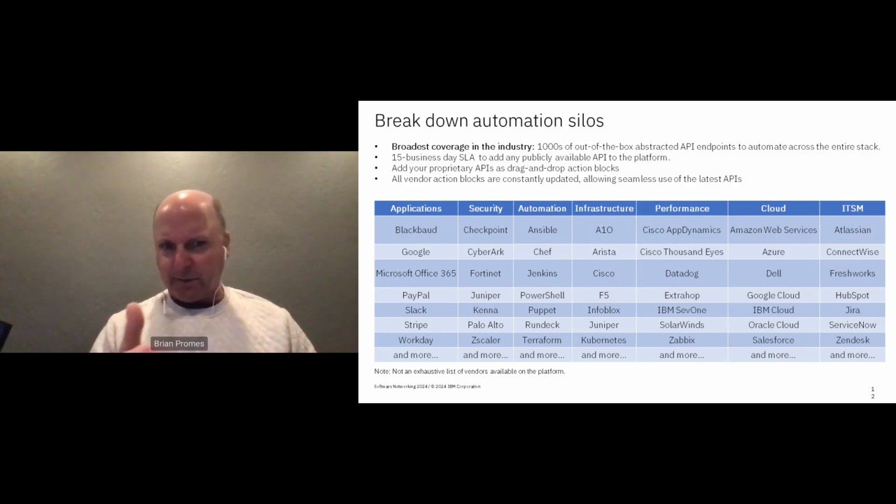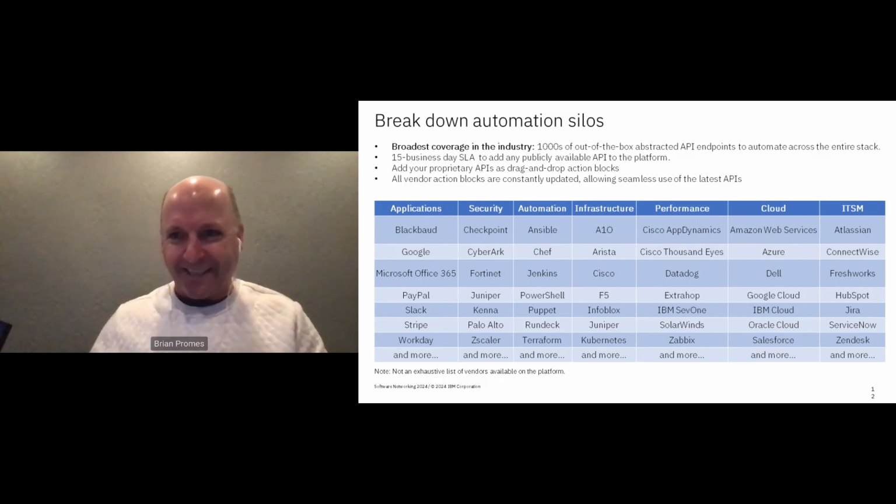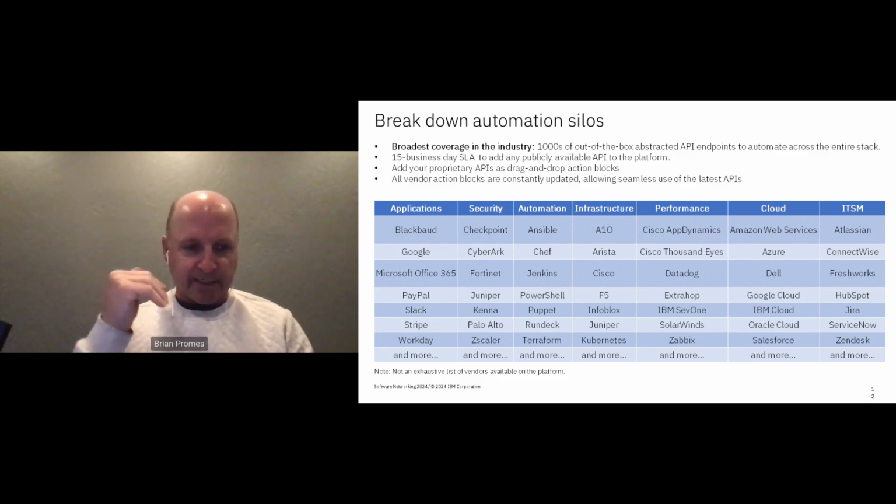We've mentioned a few times this notion of building blocks, right? And this is a very quick slice across a range of domains of the types of automation building blocks that are available.